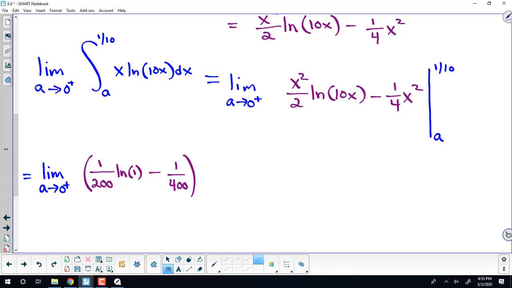Minus a, so a squared over 2 ln of 10a minus 1/4 a squared.